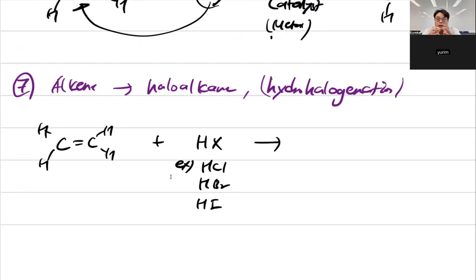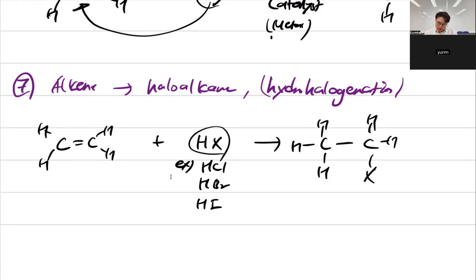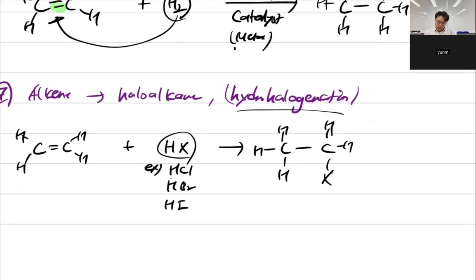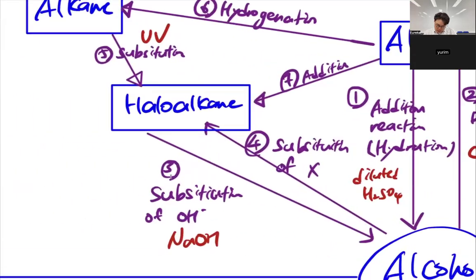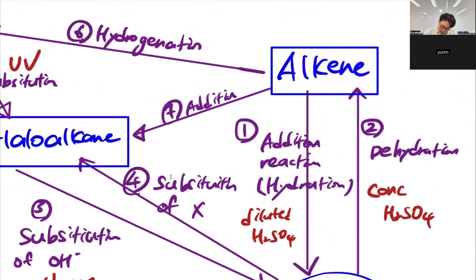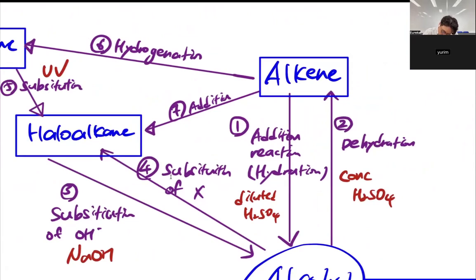And as HX, especially the halogen side, is highly electronegative, we don't need a catalyst, so no catalyst is required for this process. It just simply opens up the double bond and adds HX onto it. So X will now be attached here like this. So this is known as hydrohalogenation, whereby we're adding the hydrogen as well as the halogen onto the double bond carbons. So just addition, number 7 over here, I just added it as hydrohalogenation.